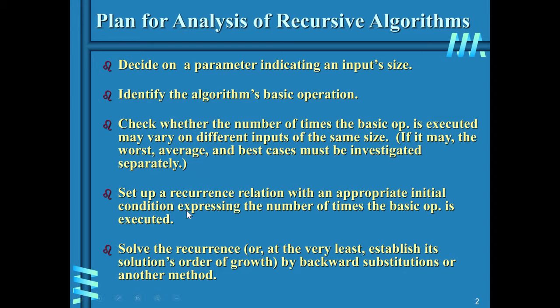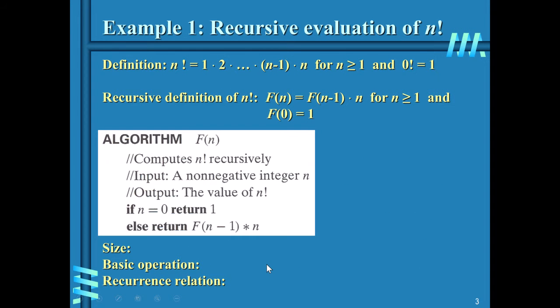The last step, based on this recurrence relation, is to solve the recurrence by backward substitution or the master method. In this video, we'll emphasize what the substitution method is and what the master method is. Okay, let's take a look at this example.